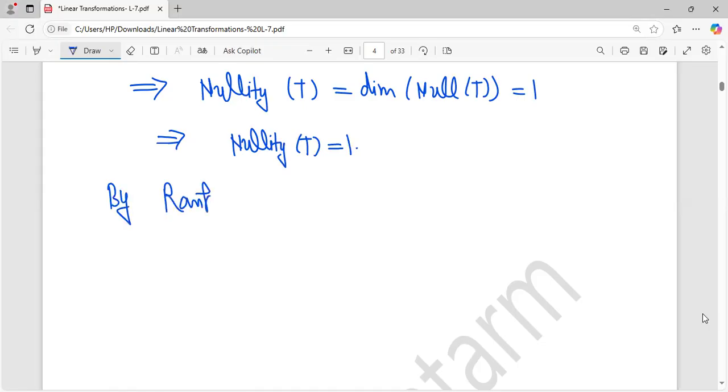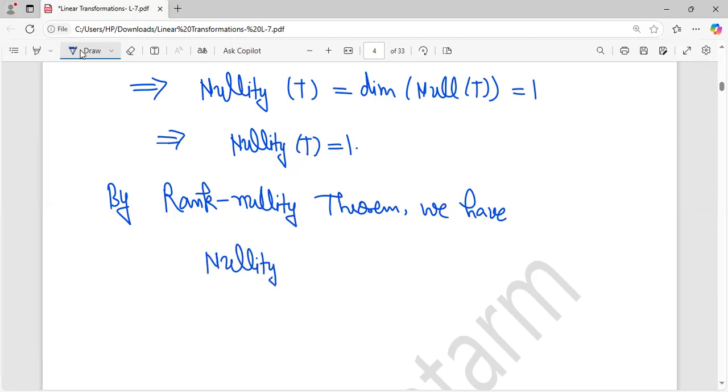By the rank-nullity theorem, we have nullity of T plus rank of T is equal to the dimension of R cube.